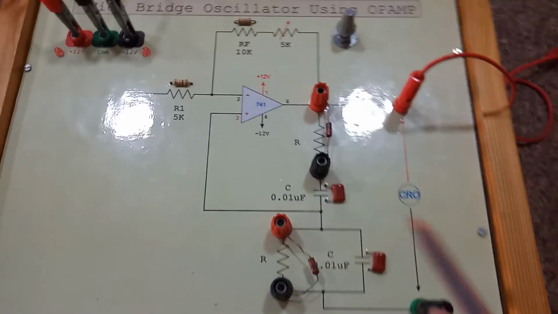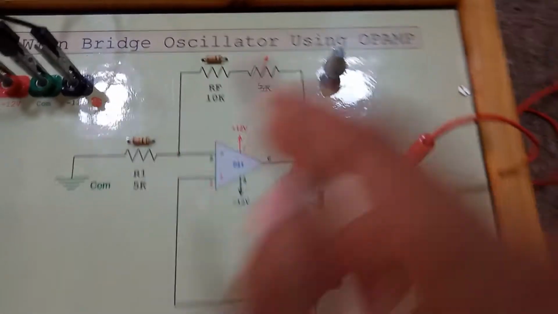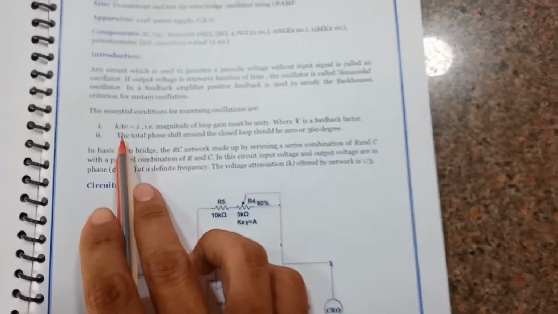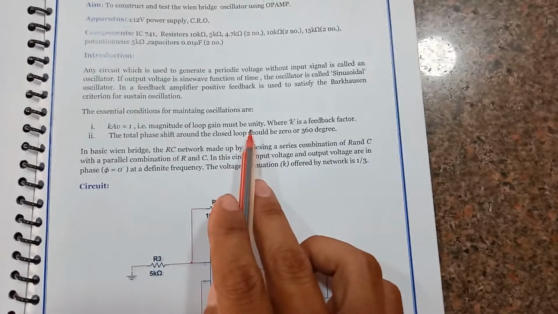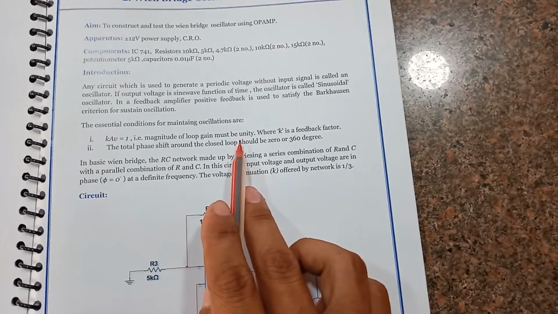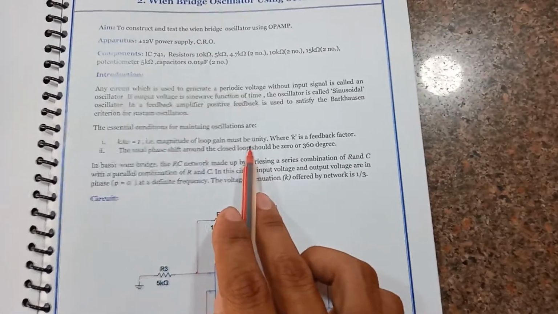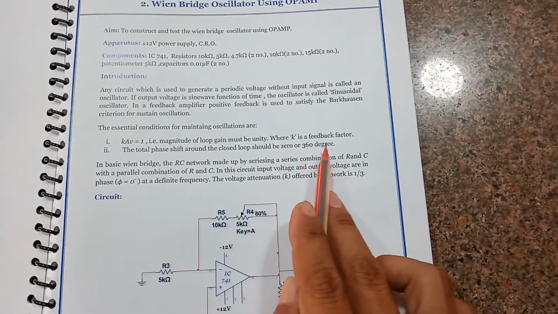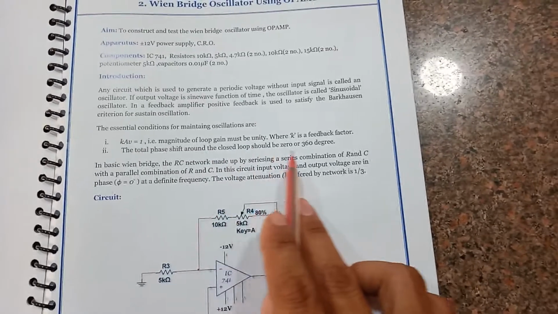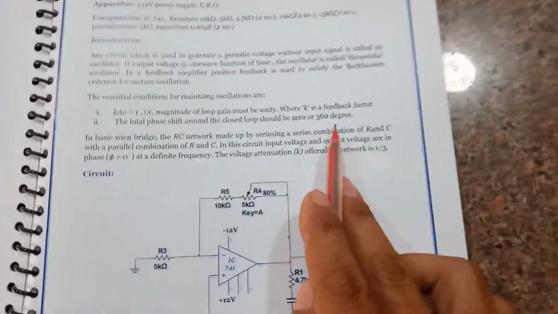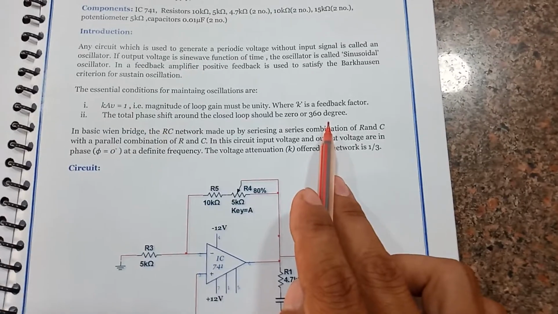Now to make this circuit work as an oscillator, we know that we have two criteria, that is the Barkhausen criteria: K into AV has to be 1, that is the magnitude of loop gain must be unity, where K is the feedback factor, and the total phase shift has to be 0 or 360 degrees.